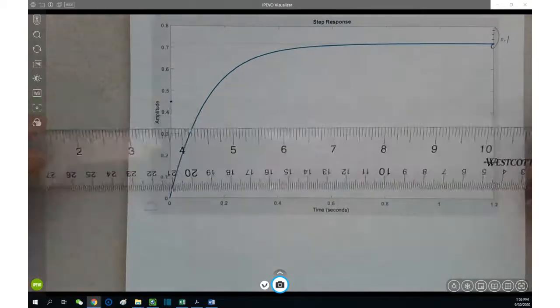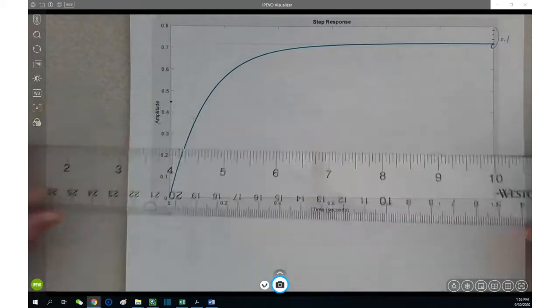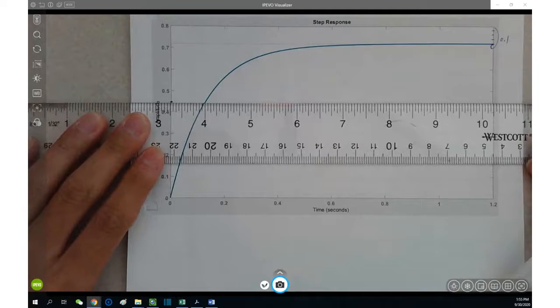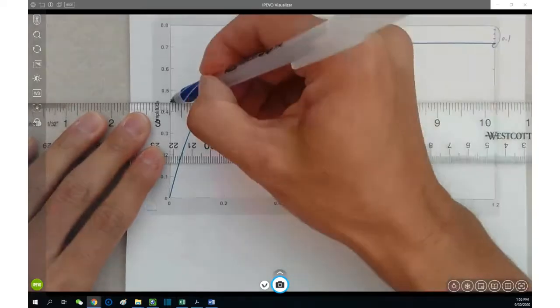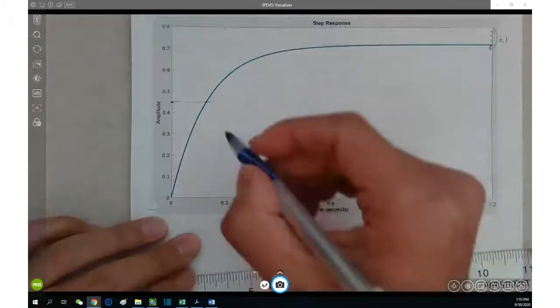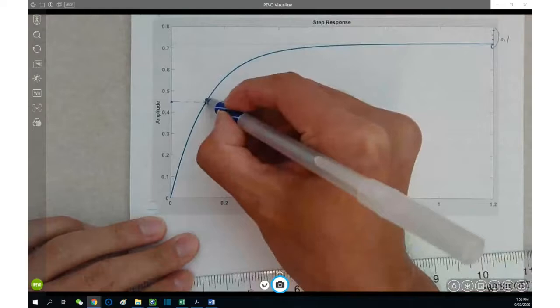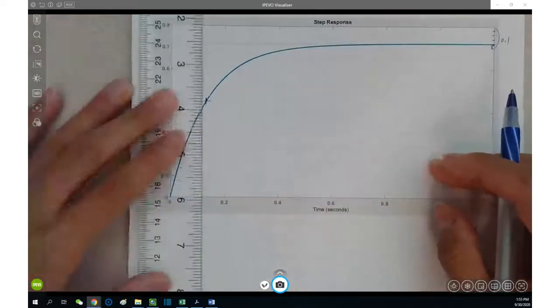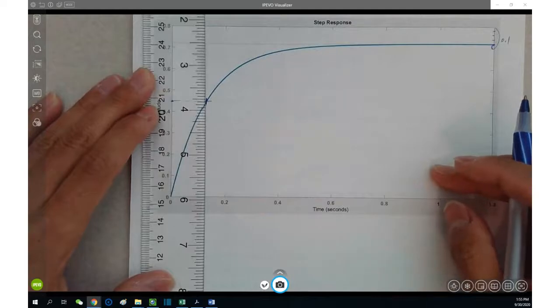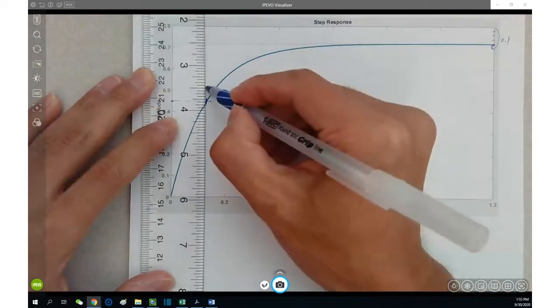Make sure you plot a horizontal line as flat as possible, of course, intersecting with the curve at this time moment. And then what do you do? Go to the x-axis.